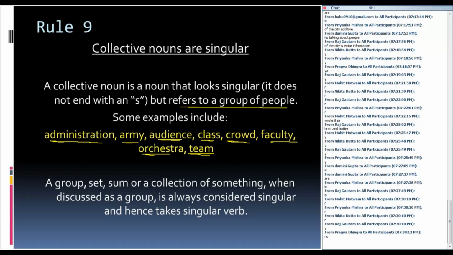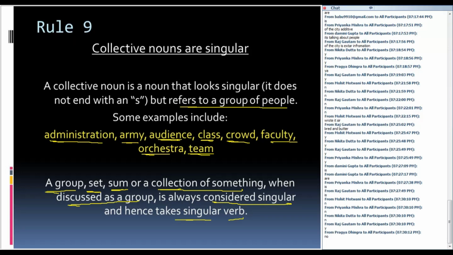The class is noisy. The faculty is in a meeting. So collective nouns are generally singular. Remember, whenever you discuss any group, any set, any sum, or a collection of something, and you want to discuss it as a group, then it is considered singular, and that is why it will require a singular verb.